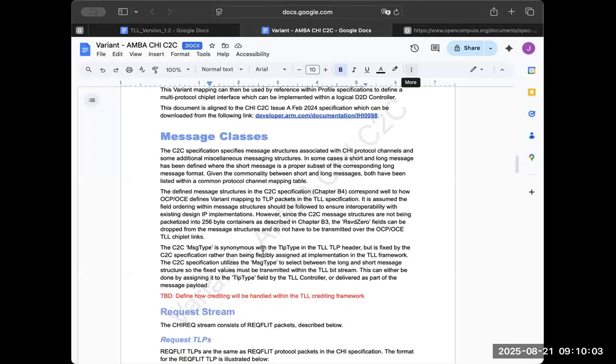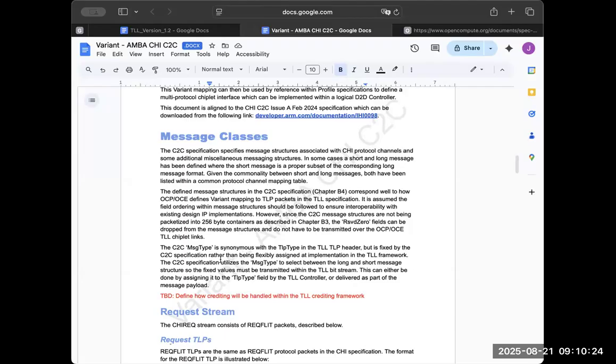And then I've just got here something on message class, that C2C seems to be that the packetization is similar to what we're doing, and that we're just going to leverage these message structures, I think is what they refer to them as in the C2C spec.